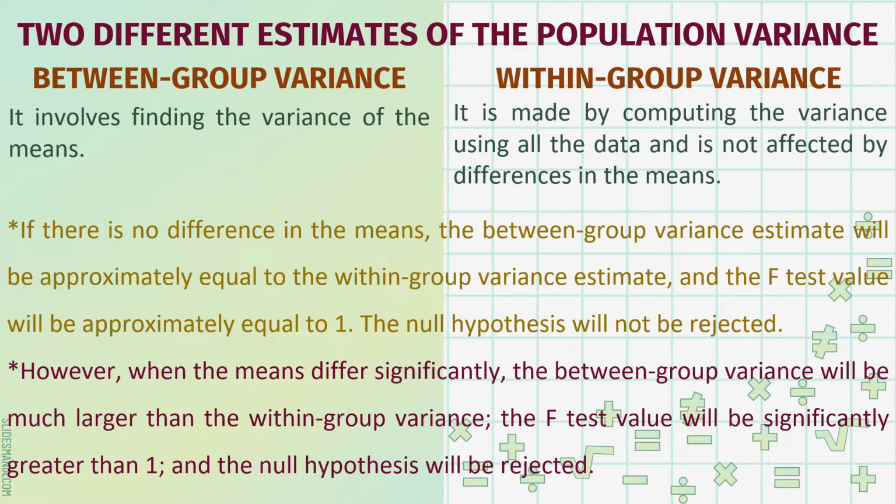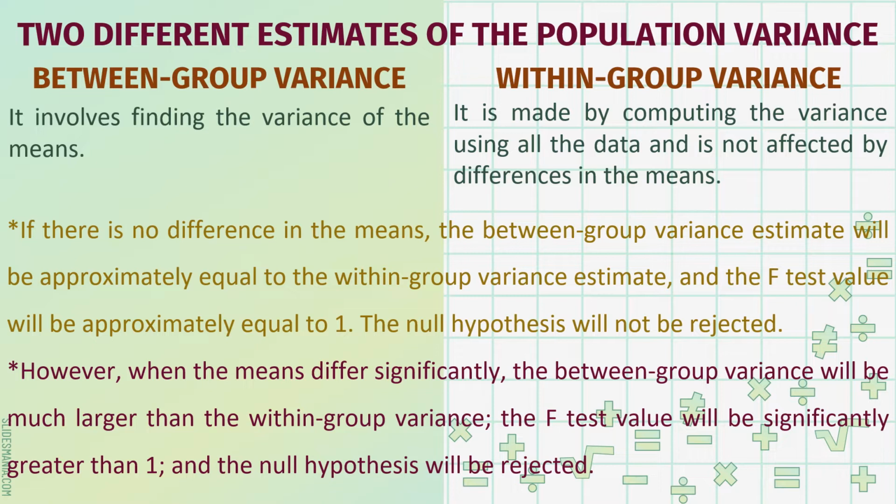So if there is no difference in the means, the between group variance estimate will be approximately equal to the within group variance estimate. Bakit? Kasi nga, sa within group variance, it is not affected by the differences in the means. At kung walang difference sa mga means, meaning yung between group variance ay equal lang sa within group variance. And so, the F-test value will be approximately equal to 1.